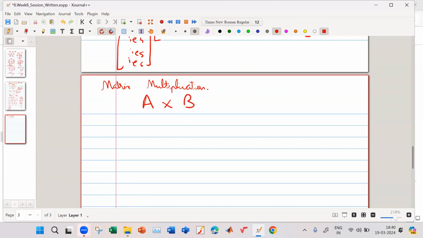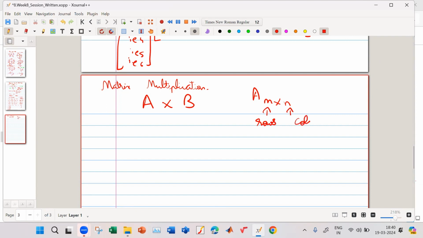What are the dimensions of matrix A? How do you write it? M cross N. A has dimension M cross N, where M is the number of rows and N is the number of columns.